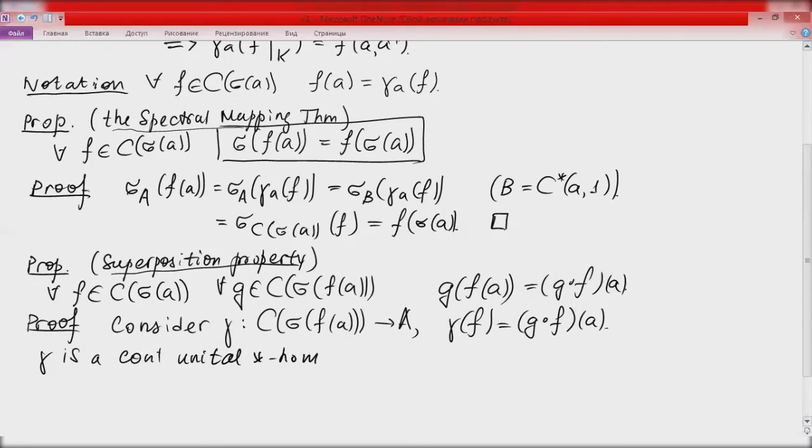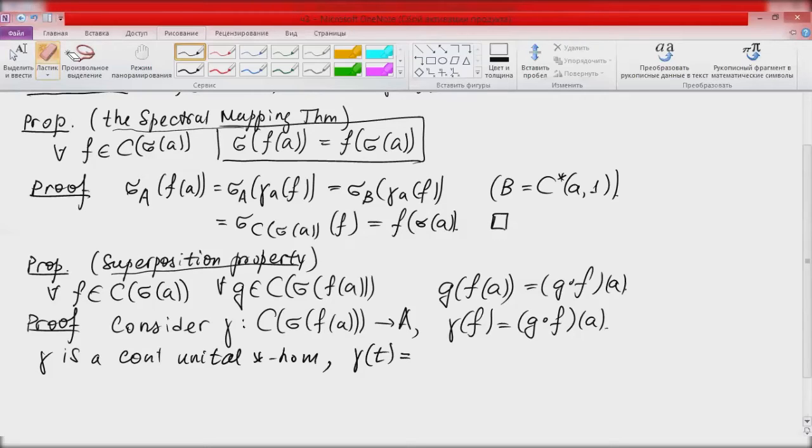And it takes little t, where as before little t is the inclusion of the respective set into the complex plane, to, well, what is this? Oh, sorry, I see a typo here.